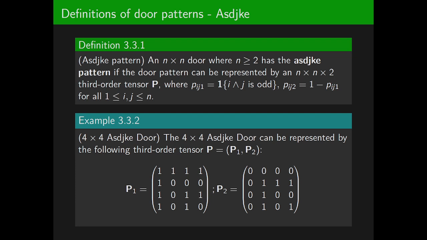It has to be a square. If it's a rectangle, it's not defined. Second thing is, there's one thing that says n greater than or equal to 2. So this is also important, for n equals 1, it's not defined. So yeah, there you go.